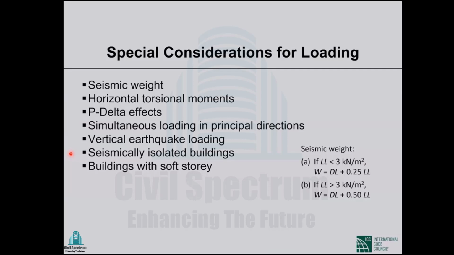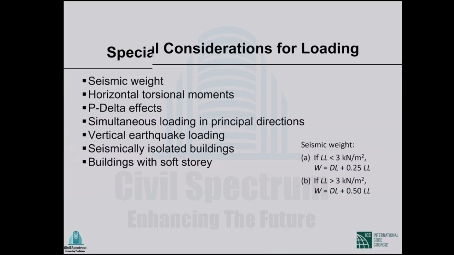So in that way there is a shortcut only for soft story, that you can still use the equivalent static load method. So these are special considerations. I think Dr. Ghosh will go into the details of these things in later sessions.